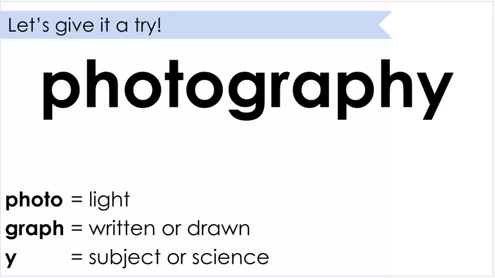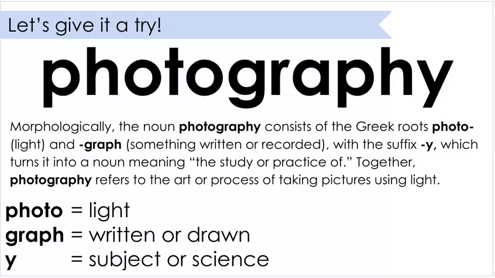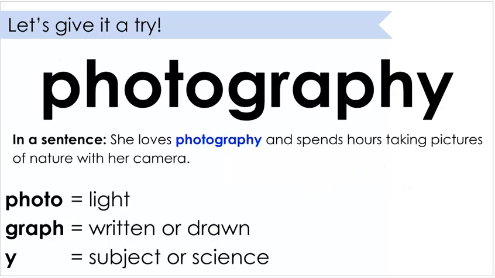What do you think that means? Morphologically, the noun photography consists of the Greek roots photo, which means light, and graph, which is something written or recorded, with the suffix y, which turns it into a noun, meaning the study or practice of. Together, photography means the art or process or the practice of taking pictures using light. In a sentence, you might say, she loves photography and spends hours taking pictures of nature with her camera.